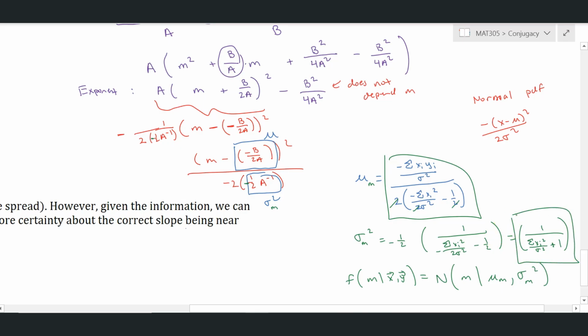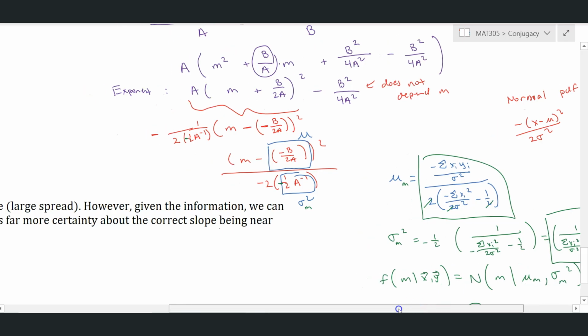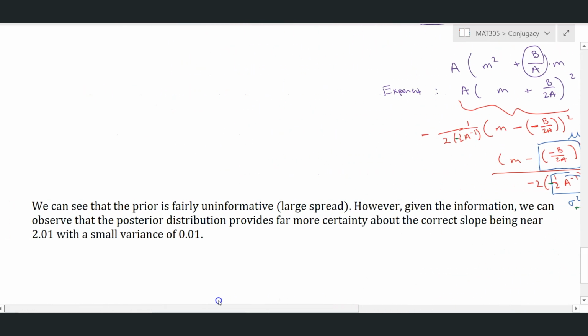So you can see this is a tremendous amount of work, and these were pretty well behaved functions. So this notion of conjugacy is extremely helpful in knowing what kind of distribution you end up with, what kind of mean and variance it will have. If the prior were not conjugate to the likelihood, meaning that the posterior followed a different distribution, things could get out of hand pretty quickly.